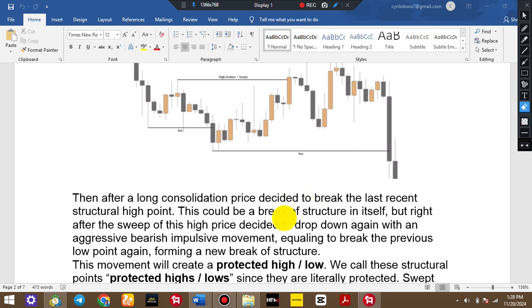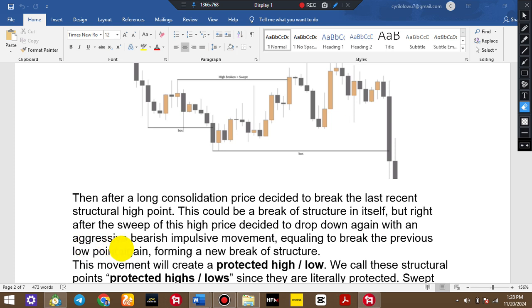Now, an aggressive bearish impulsive movement breaking the previous lower point, right?